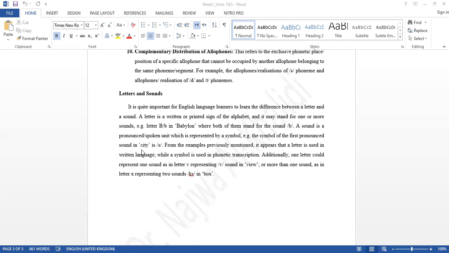And in other combinations, also with the letter H, it could be pronounced as K, like in character.